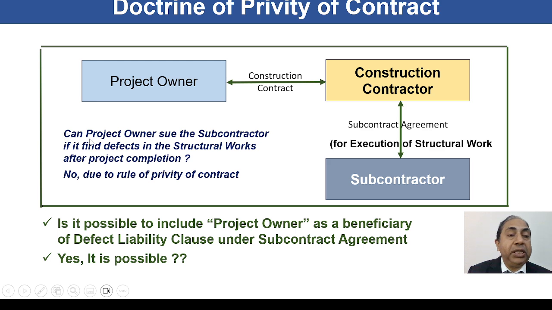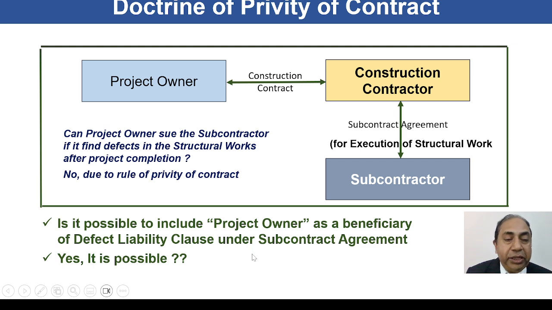Now the question is, can project owner sue the subcontractor if it finds defects in the structural work after project completion? The answer could be no. Due to the rule of privity of contract, the answer is no. So now another question: is it possible to include project owner as the beneficiary of defect liability clause under the subcontract agreement?